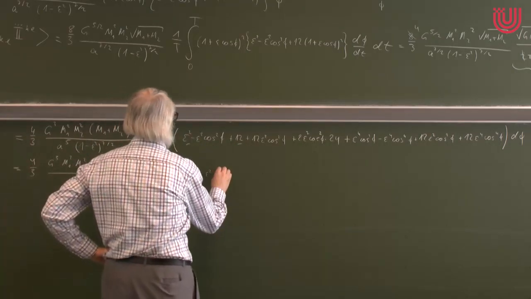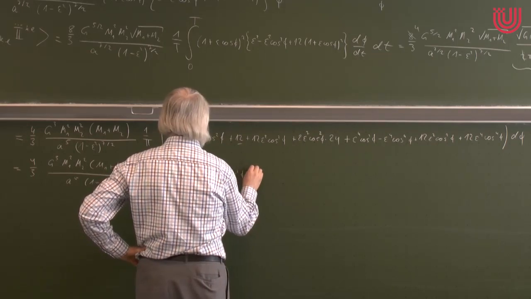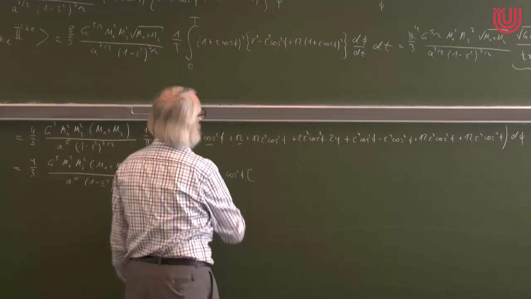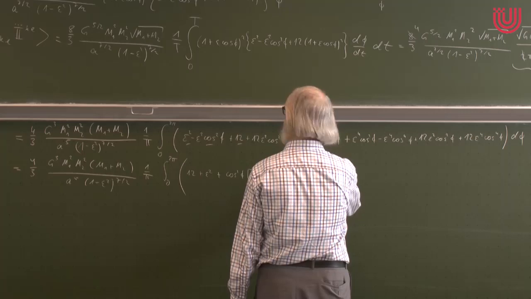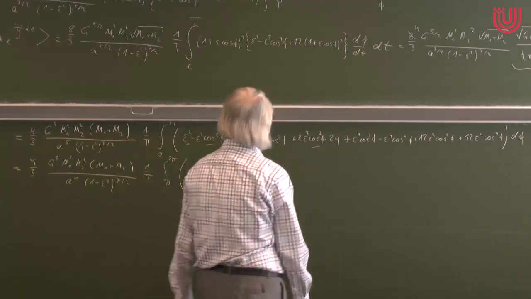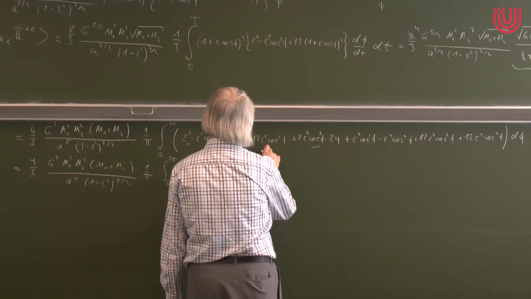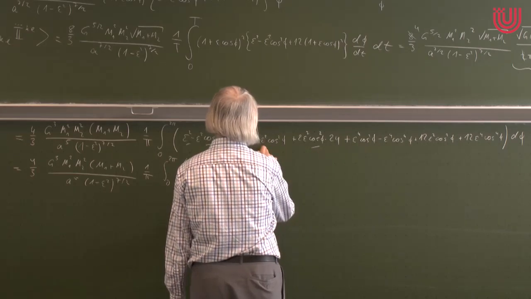Then terms with cosine squared. Okay, I have minus epsilon squared plus 48. Is that true? That's minus 47. Minus 47. No, nonsense. Plus 47. Plus 47.